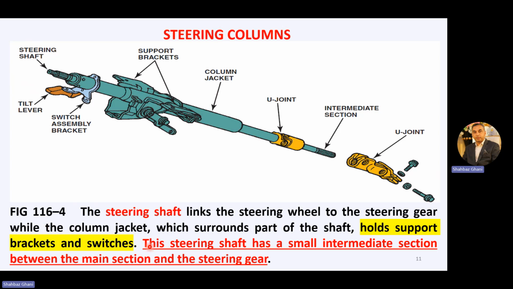This steering shaft also has a small intermediate section between the main section and the steering gear. So here we have a steering wheel, then the steering shaft, and the steering gear. We will study what these are.